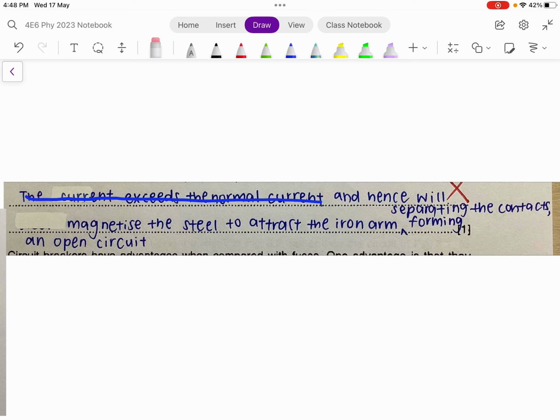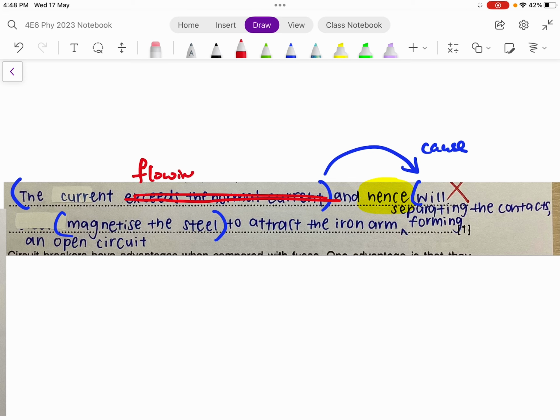I mark this student wrong because he used the word hence. She is trying to say that when the current is big, then it causes the magnetization of the steel. No, it is not. What causes the magnetization of the steel is that the current is flowing through a solenoid.